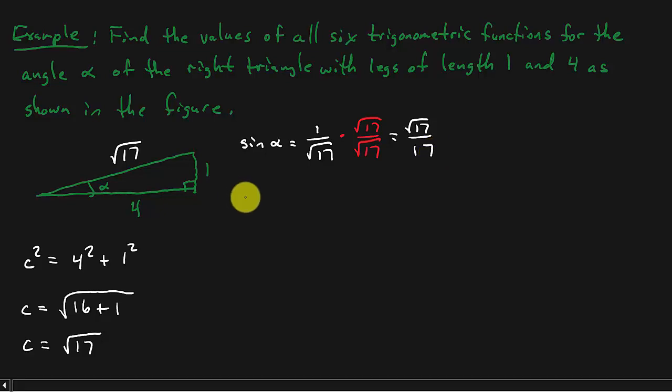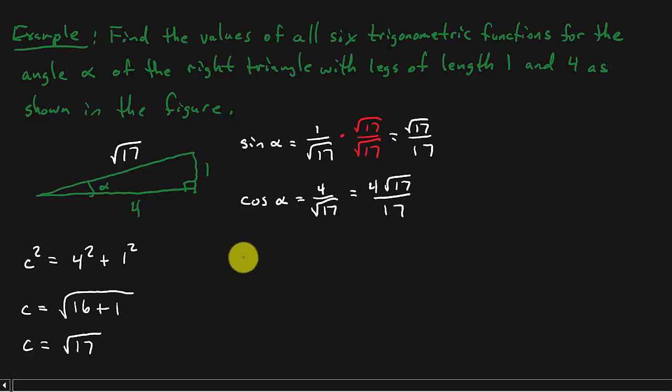Now let's find cosine alpha. Well, cosine alpha is adjacent over hypotenuse. So that's 4 over the square root of 17. And then we'll rationalize the denominator, multiply numerator and denominator by square root of 17. That's 4 square roots of 17 over 17.